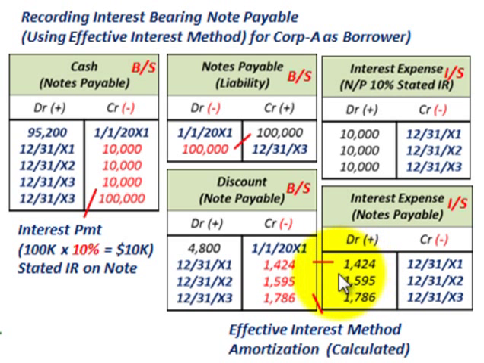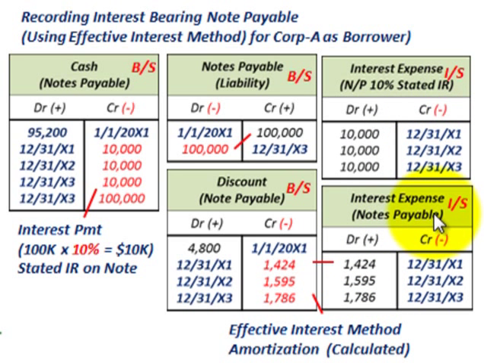You can see the debit for the second year of $1,595 and the debit for the third year of $1,786, at the end of each year. So by amortizing this note, we had to experience that extra interest expense because the market rate was greater than the face or stated rate of interest on the note. The discount was recognized as interest expense due to that extra amount of interest that we had to pay, and I've shown the interest expense for the cash payment as well. So we have the cash payment shown here and that extra amortized interest amount shown here, both on our income statement.